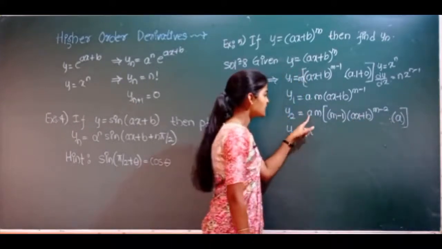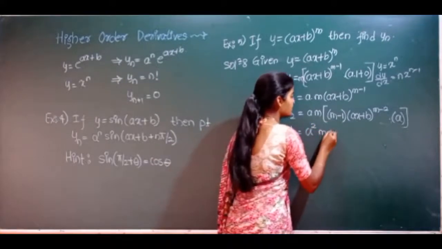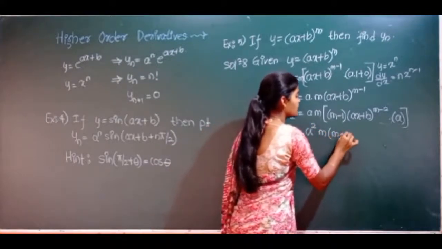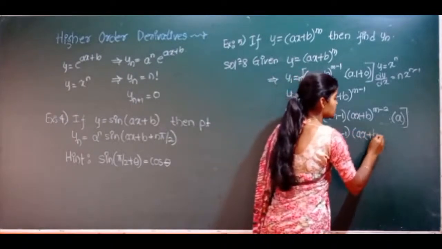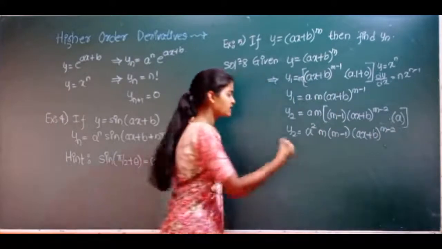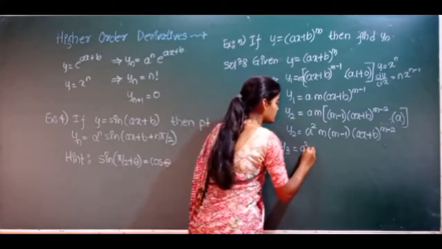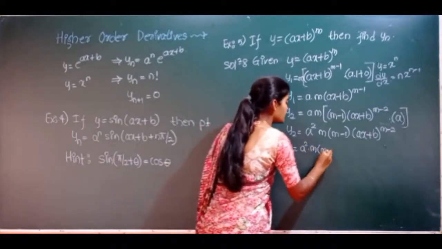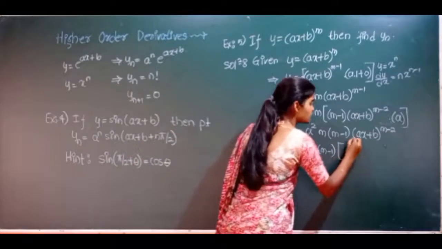Now a into a is a square. I will write m into m minus 1, then the function, that is ax plus b raised to m minus 2. Now let us take y3. Here again a square into m minus 1, this is constant, keep it as it is, then differentiate this function.